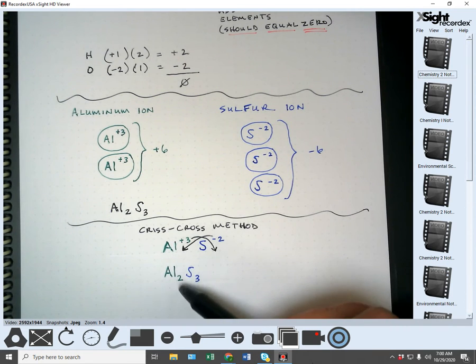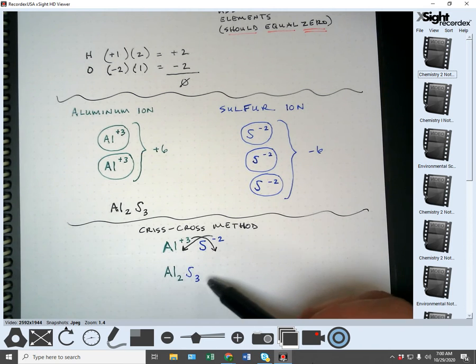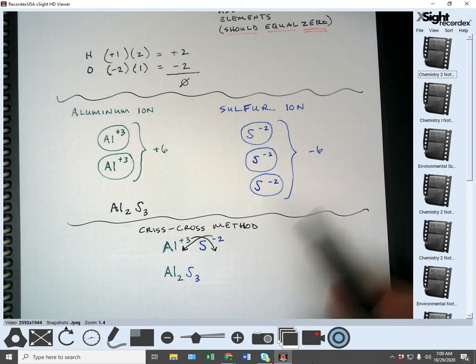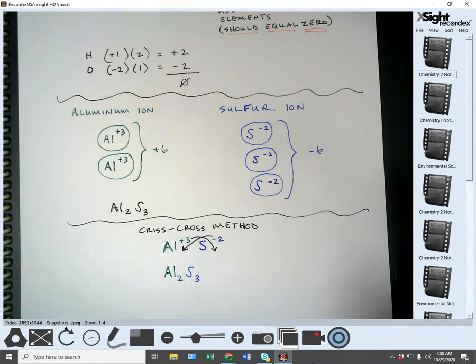When you cross them down and you're making the formula, they are no longer charges. The numbers in the subscripts are numbers of atoms. So when they're down here, there's no pluses or minuses. They're not charges. This means you have 2 aluminum and 3 sulfur. Okay, they're number of atoms. So it's super important for you to understand the difference.